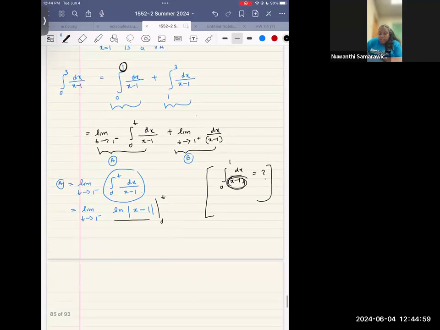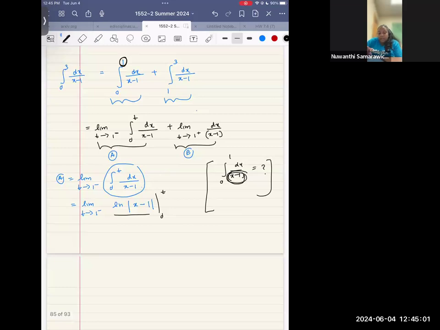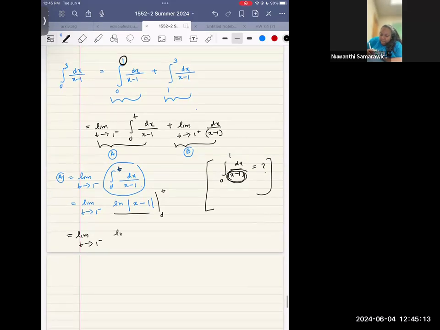Okay, but here now we use ln because now in the upper limit it's just t. So this will equal the limit as t approaches 1 from the left hand side of ln of t minus 1, minus ln of 0 minus 1.